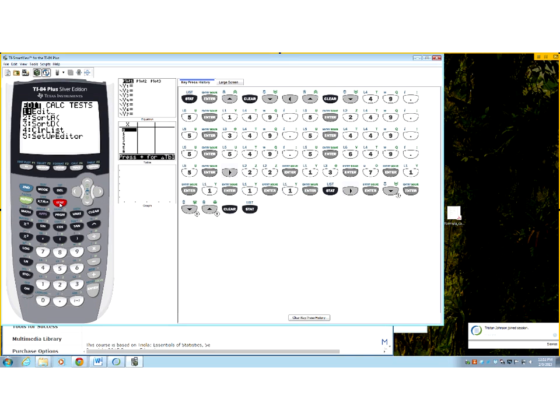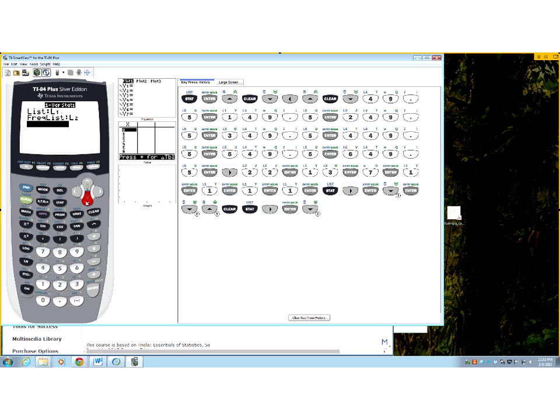Once your data is in there, you go to stat, you right arrow to calculate, and then it's just enter on one bar stats. So after you choose calc at the top, press enter. And make sure that L1 and L2 are as they are in my calculator, and then press enter over the word calculate.